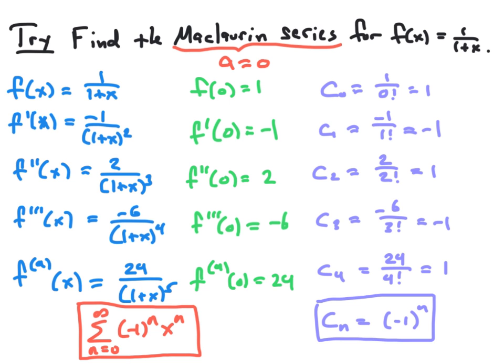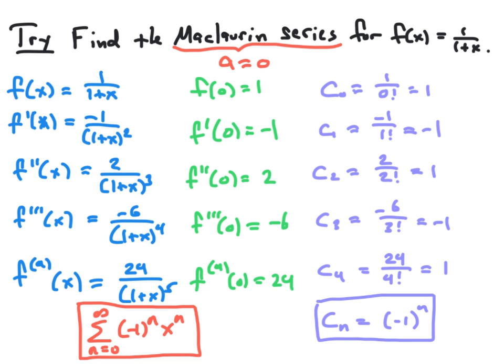And the fourth derivative of f is 24 over 1 plus x to the fifth. Each of these derivatives can be computed by rewriting the denominator with a negative exponent and then using the power rule. We then evaluate each of these functions at 0 because here we're looking for the Maclaurin series, which is the Taylor series at 0.